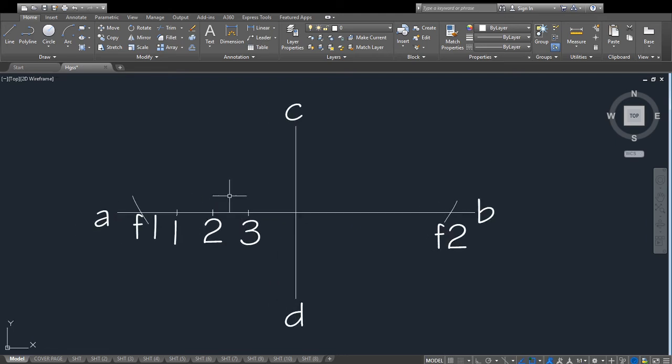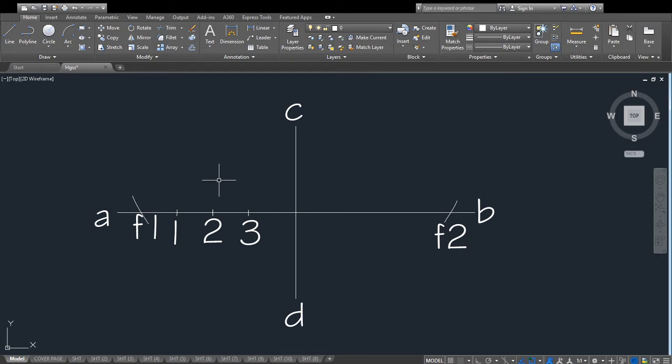Now the next thing is, we are going to take an arc of radius A1, center F1, F2.